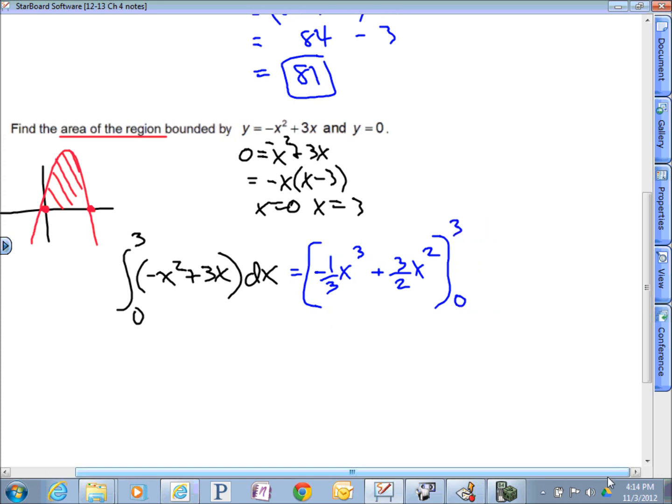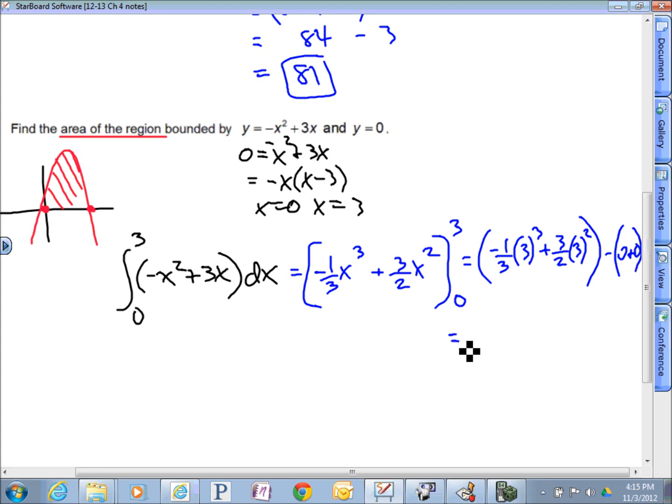It has to be the 3. So I've got negative 1/3 times 3 cubed plus 3/2 times 3 squared, minus, if you plug 0 in the first one, you're going to get 0 plus 0. Always plug in your top bound first and your bottom bound second.